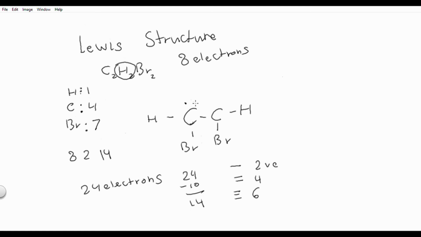So let's just mark it in. 1, 2, 3, 4. I want you to notice that I'm not going to be touching hydrogen at all since it's already happy. What's not happy is carbon and bromine, since they need 8 valence electrons. Carbon only has 6. This one has 6. This one has 6. This one has 6. This one's only 2. This one only has 2.